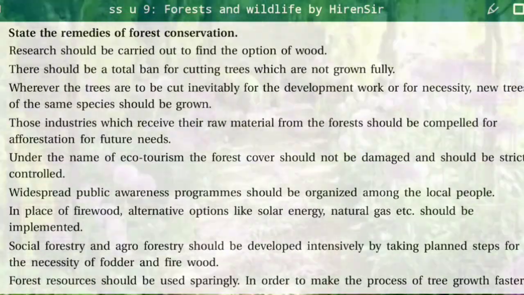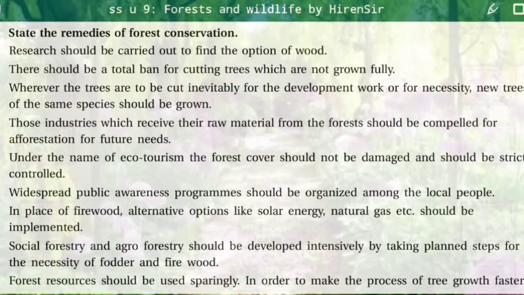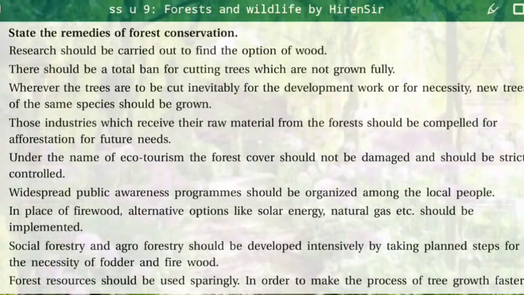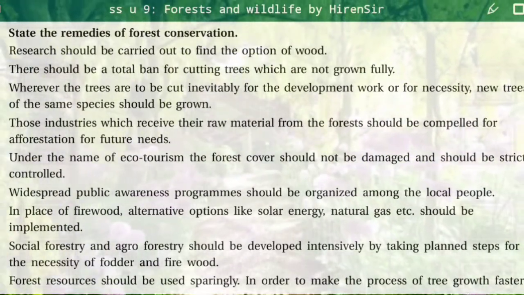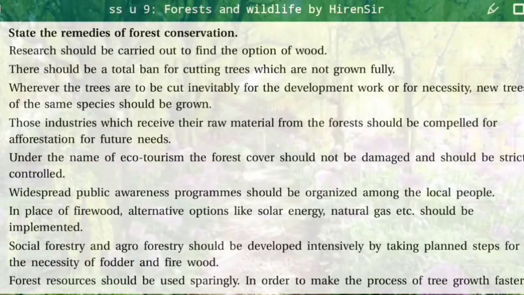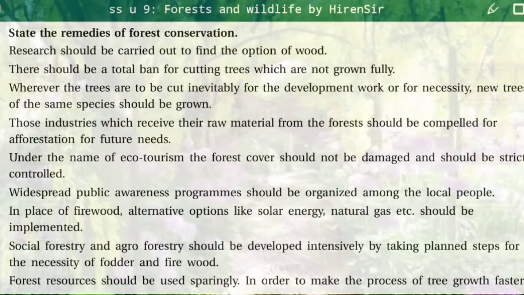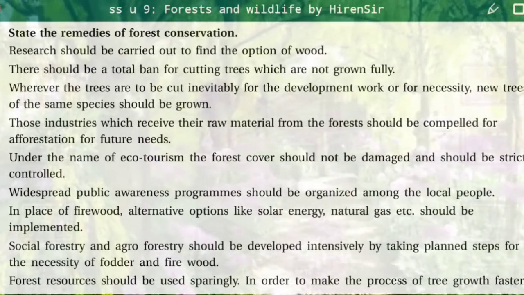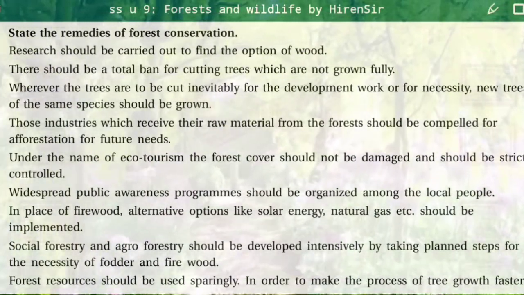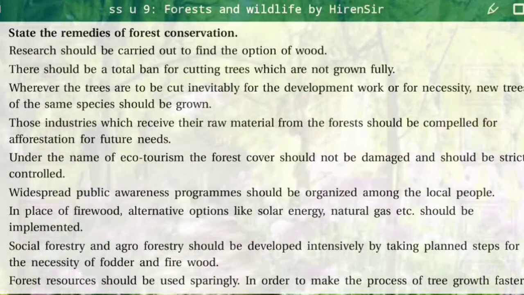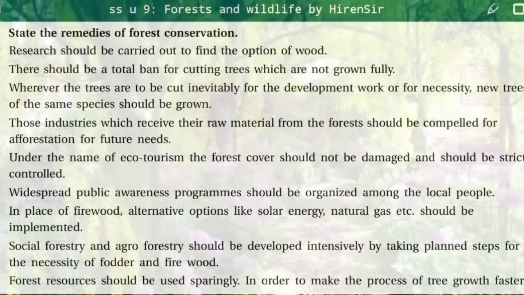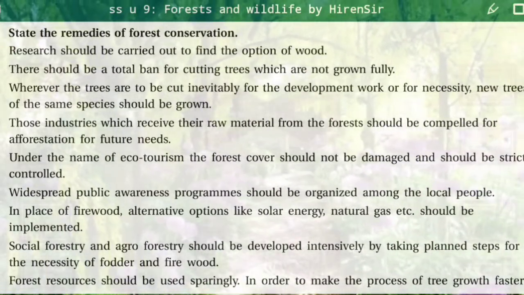Now we shall discuss the second topic, the remedies for forest conservation. But before that, first of all we will have to discuss deforestation. What is deforestation? If there is deforestation, then remedies will be required. Deforestation means the destruction of the forest. This is not a problem of only our country, it is a global problem, and that is why nowadays we can see the impact of deforestation.